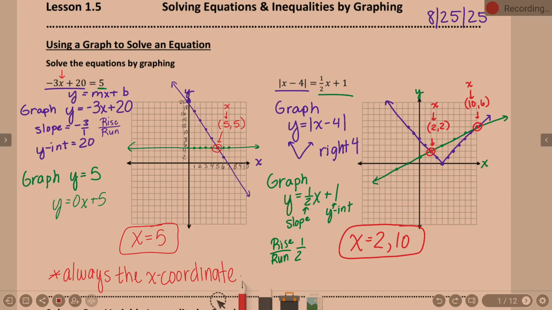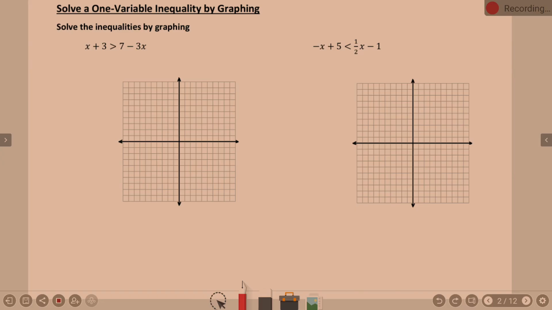Okay. Well, what changes in the bottom section? So now we're solving an inequality by graphing. You can probably guess we're going to do a similar process.